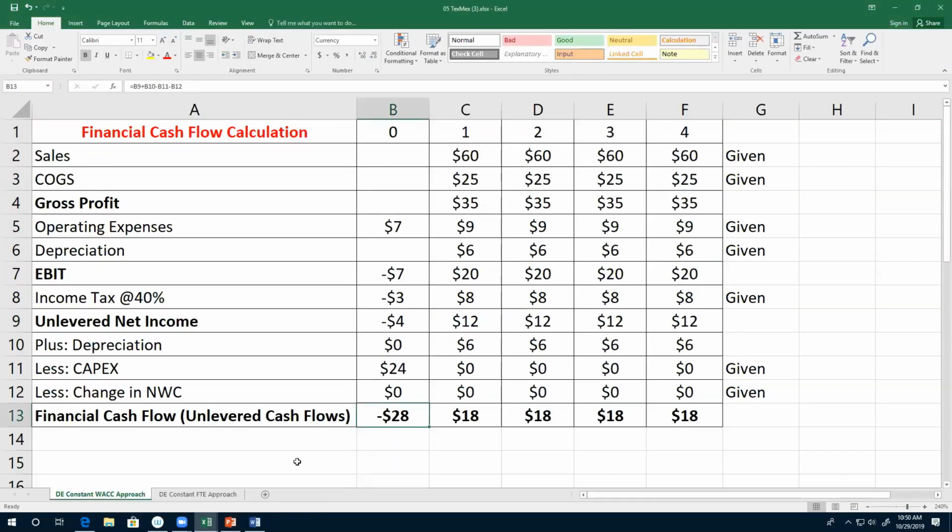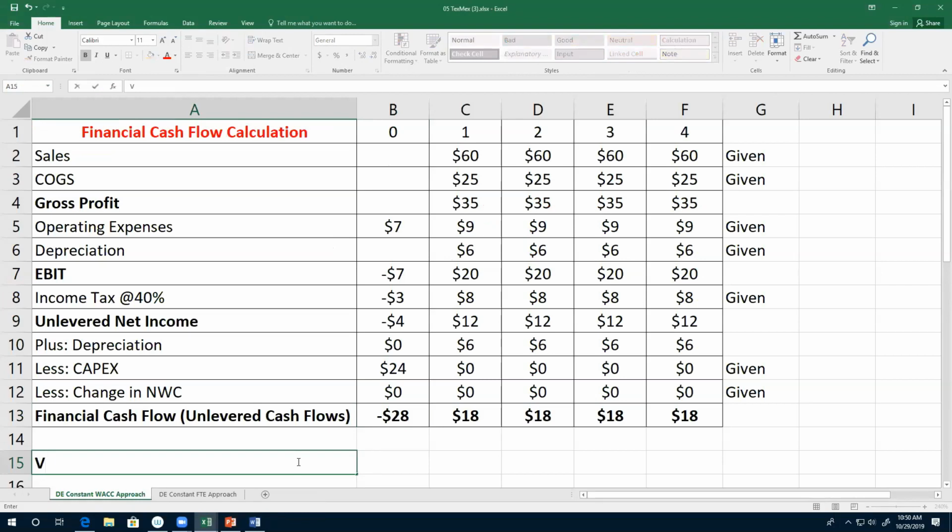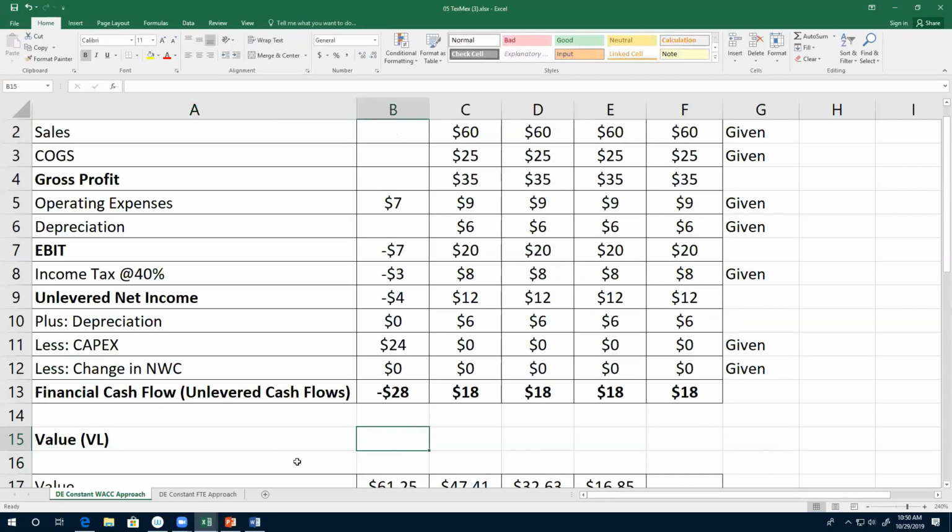Over here, what is the value of the project? This is what I'm calling VL. I'll do equal to NPV, with the discount rate of 0.068, which is my WACC. And then I am only discounting just the inflows, the worth of the project without the initial investment.